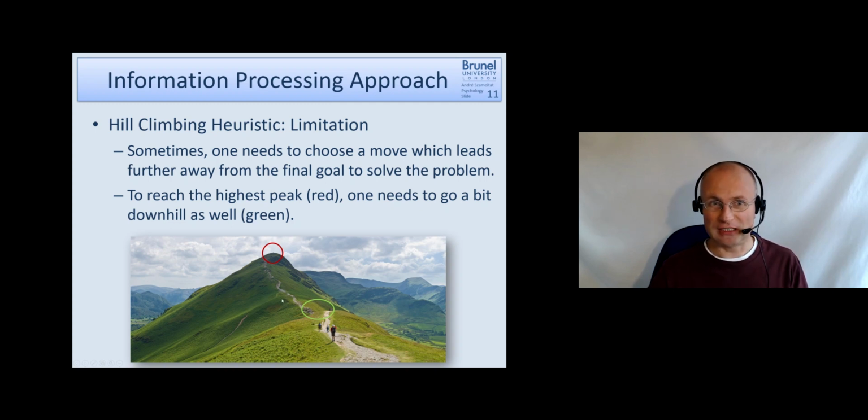So if you follow the hill climbing heuristic very strictly, then you may not reach the highest peak, which would be the optimal solution. However, it still would bring you to this second highest peak. So this might be totally acceptable. You have a beautiful view. You will not land down here somewhere in the valley or something. So such a heuristic can be sufficient.